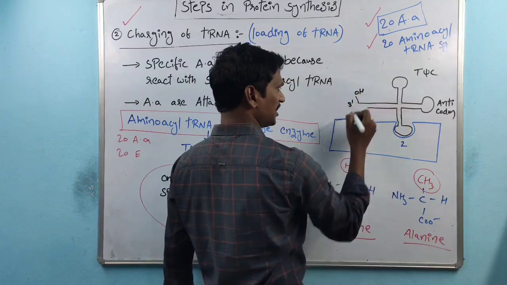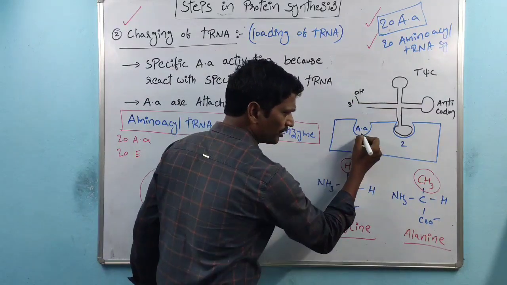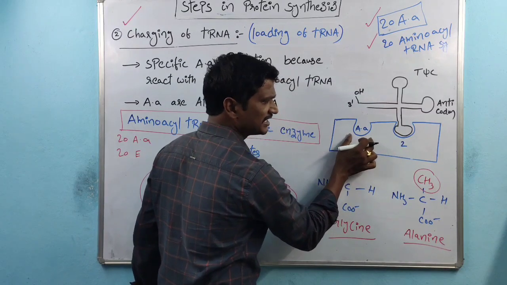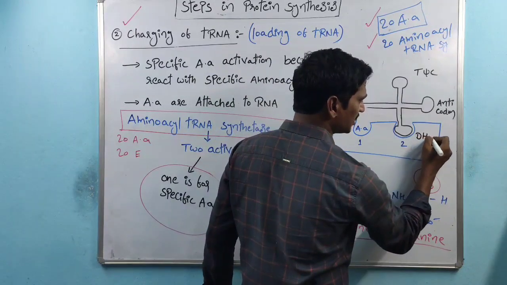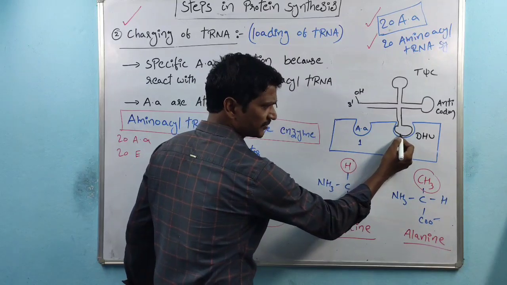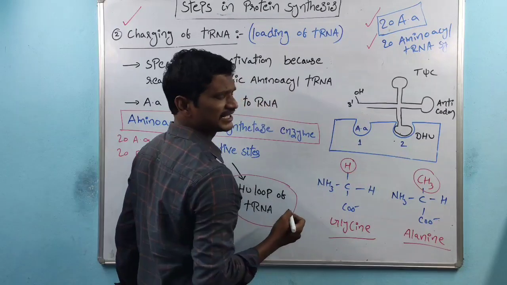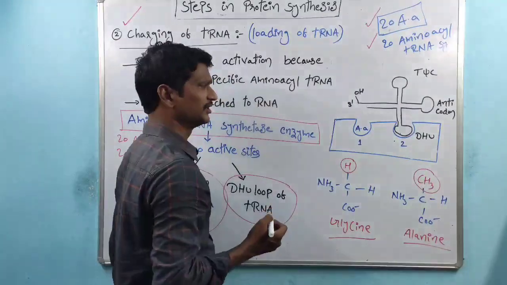The amino acid is attached, right? So remember all of you, once the specific amino acid fits within the enzyme active site, then there is an interaction between the DHU arm and the amino acid tRNA synthetase enzyme.